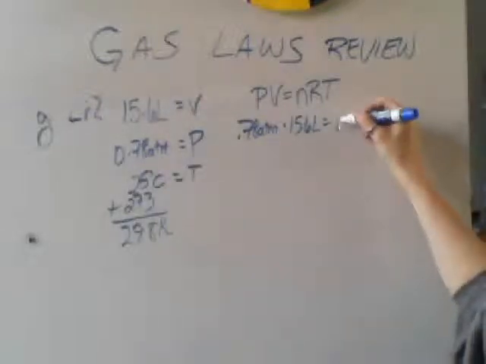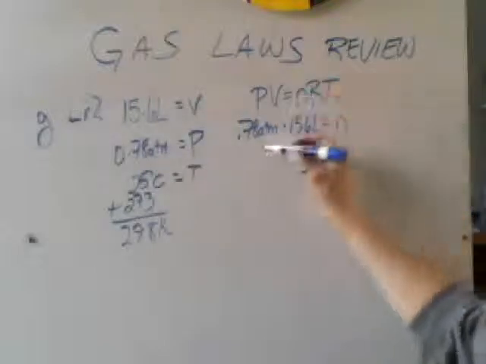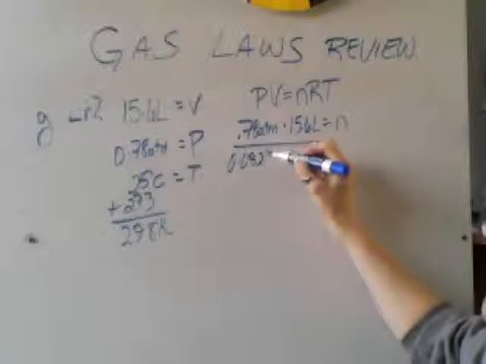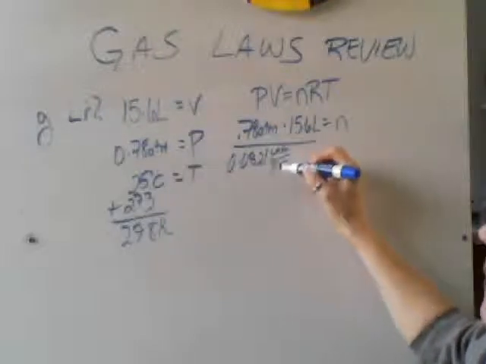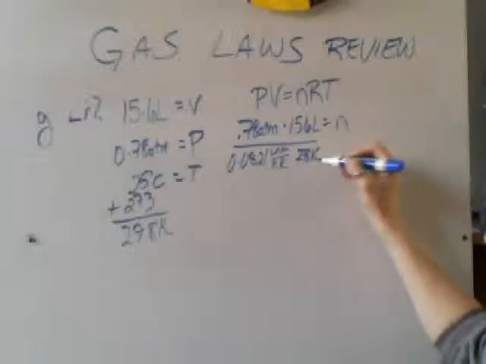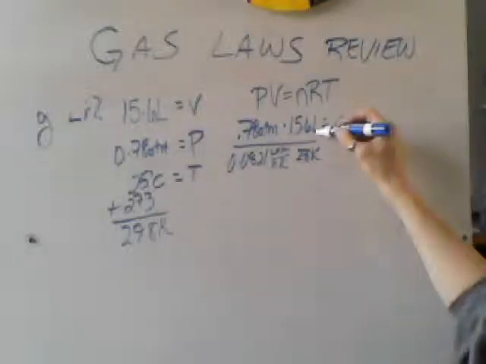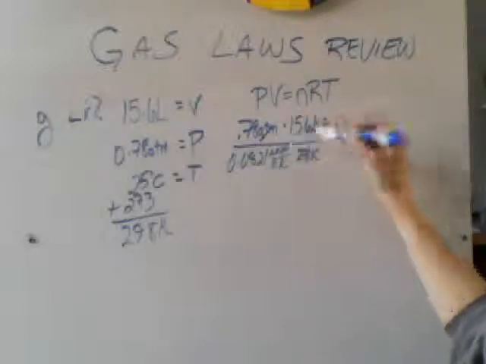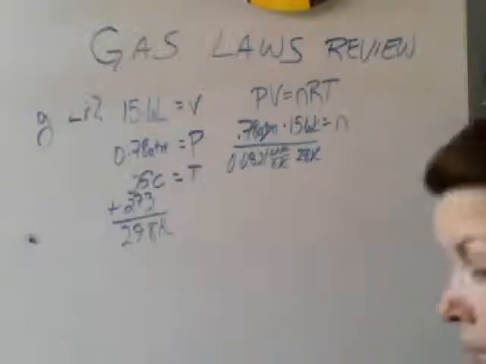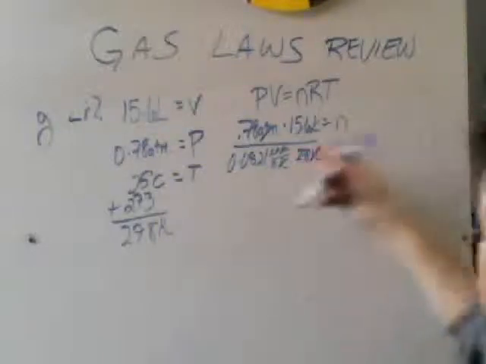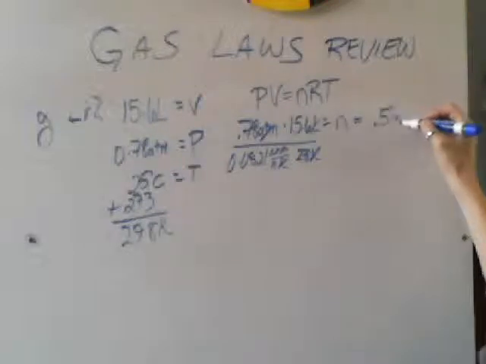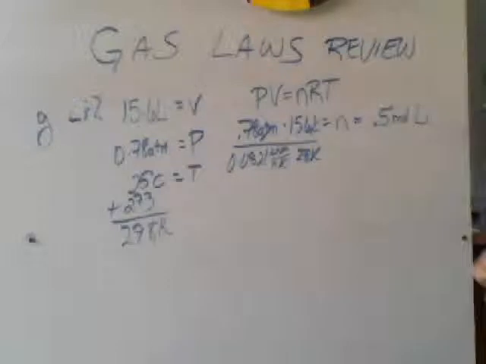I'm solving for moles, so if I rearrange my equation, I will put my R, 0.0821 liter atmospheres per mole Kelvin, and our temperature of 298 Kelvin. We can see that our liters cancel, our atmospheres cancel, our Kelvin cancel, and we're left with moles. When we do all the math there, we find that that is 0.5 moles of lithium.